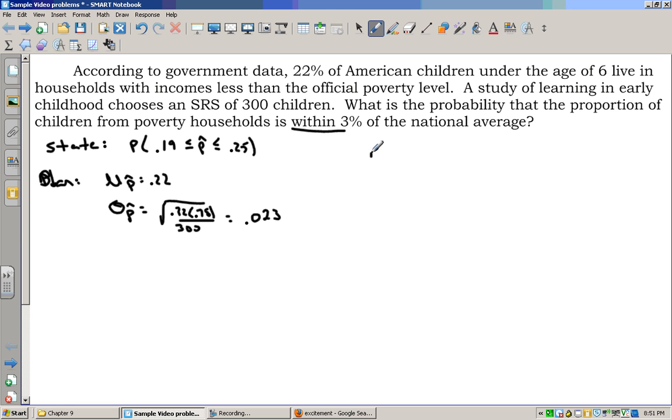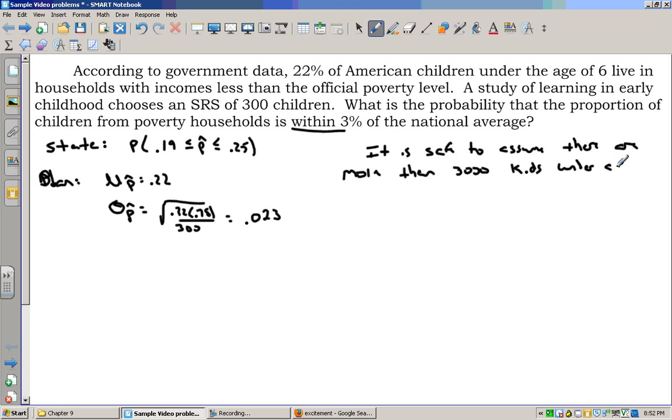Then it is safe to assume there are more than 3,000 kids under age 6 living in poverty or from poverty households.